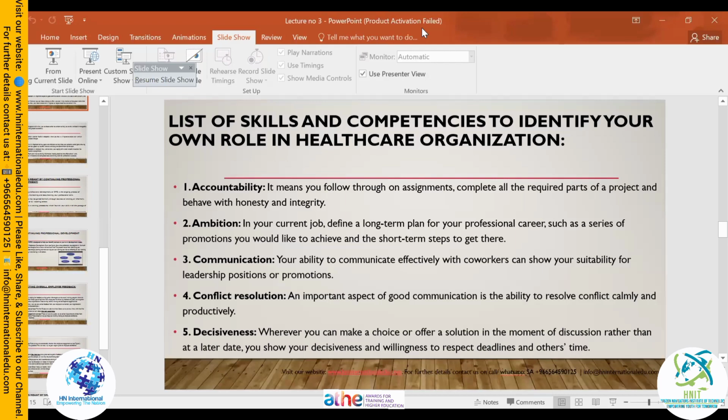Decisiveness. Whenever you make a choice or offer a solution in a moment of discussion rather than at a later date, you show your decisiveness and willingness to respect deadlines and other things. Decisiveness can be explained in two terms. The first is that a person should decide in any emergency situation what is right and what is not right.